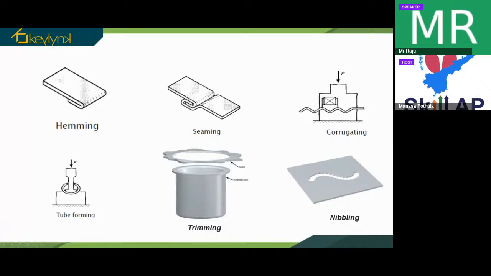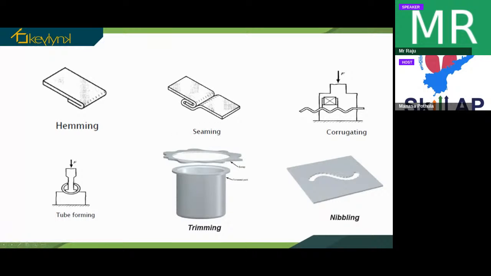We can directly join those two sheet metals without any external joining processes, simply by bending one portion of the sheet metal and joining the other one here.